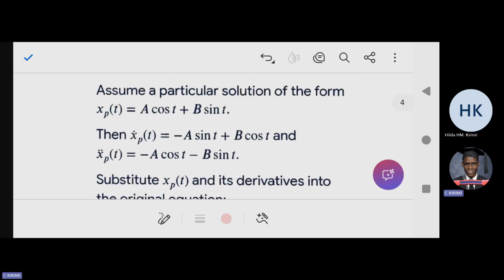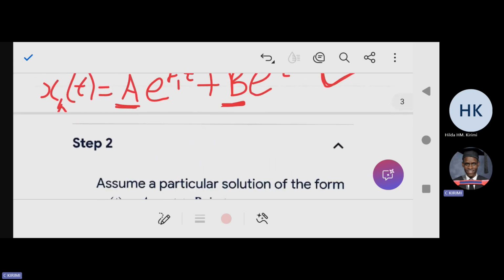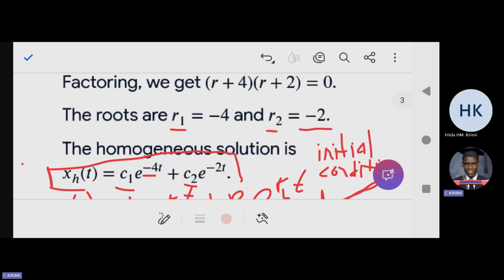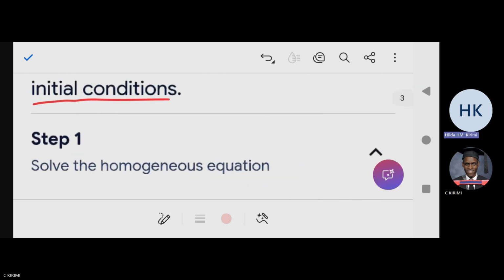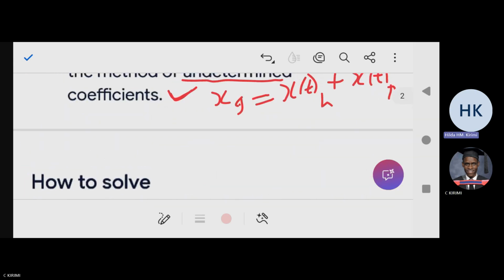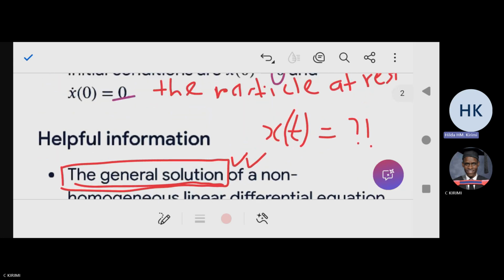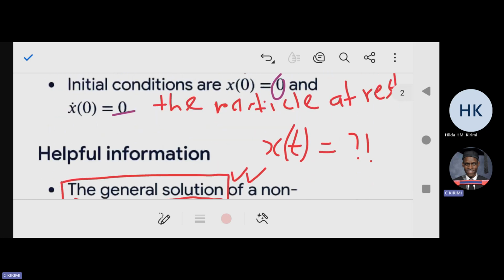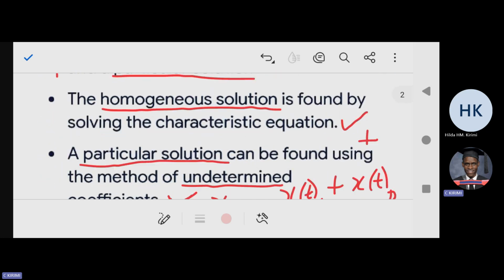Before we solve for C1 and C2, let's go to the particular solution, which was on the right side. Remember, the right side was 7 cos t. So with 7 cos t, you don't equate to 0.